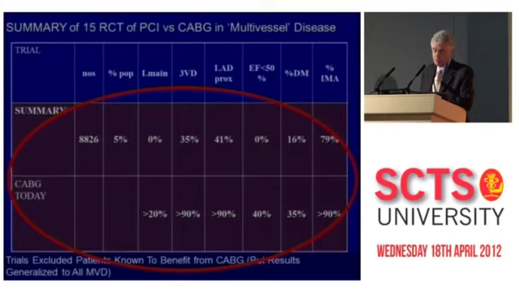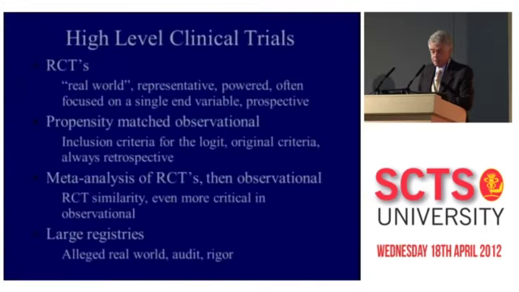Most showed that PCI was better. The problem was that the randomized trials that were quoted looked nothing like the real world. And perhaps in any given patient population, only 5% of the patients in that population, in fact, would have qualified for inclusion in the randomized trial, but the outcomes of the trial were considered to be generally applicable to all patients, even though they did not fit the match of the clinical trial.